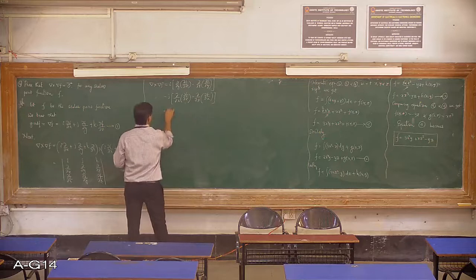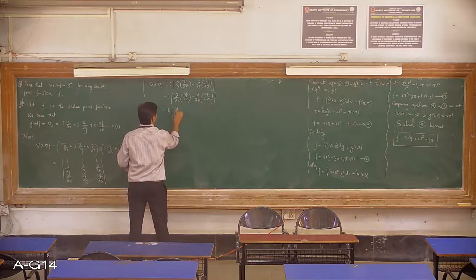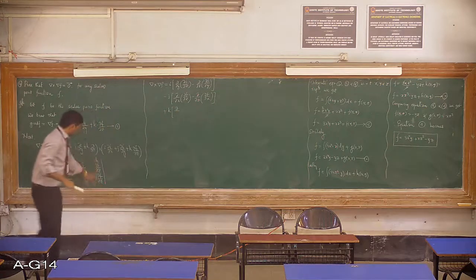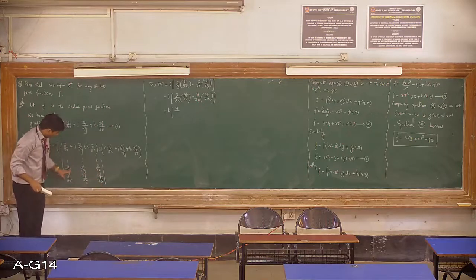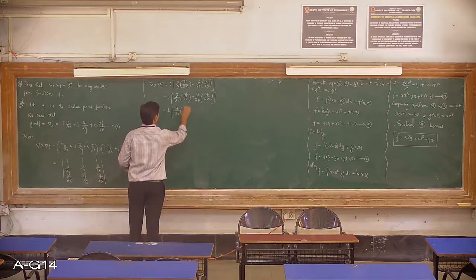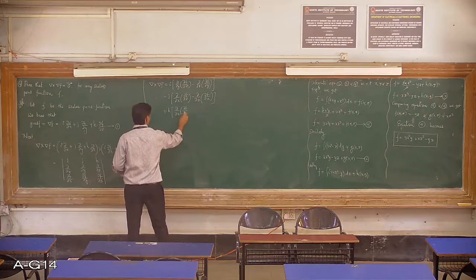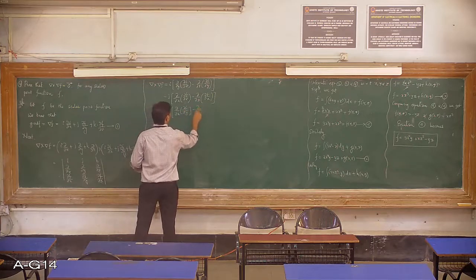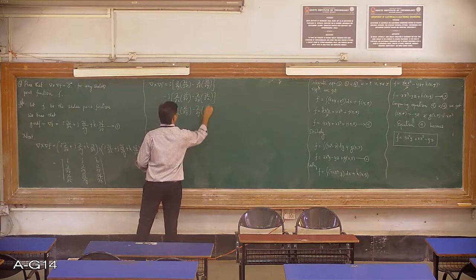Now plus k in the bracket, leaving the third column and first row, this into this minus this into this: dou by dou x of dou f by dou y minus dou by dou y of dou f by dou x.